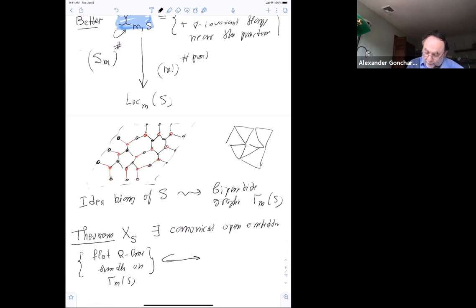That's an open embedding. On the other hand, you of course have this moduli space, which we consider, X_S.